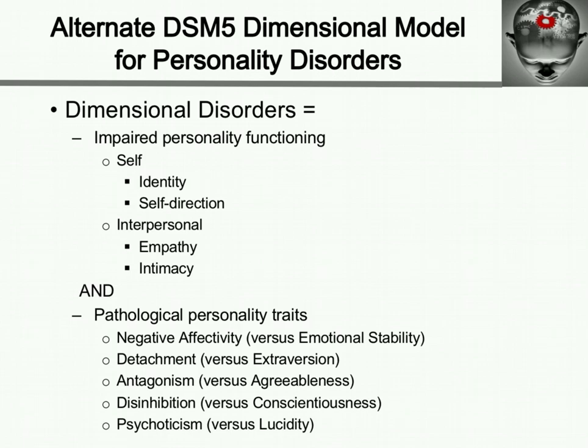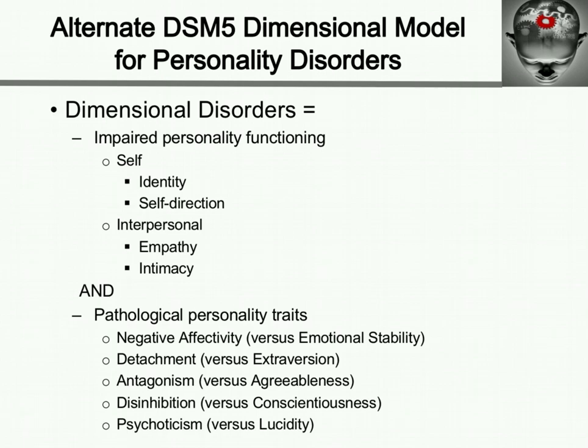So for a dimensional disorder, they would have one of these personality traits and could have more than one disordered trait. And so we would identify the trait, and then that trait would be causing some sort of impairment in functioning. So the impairment in functioning could be focused on the individual or the self.